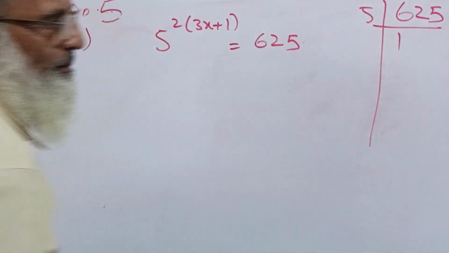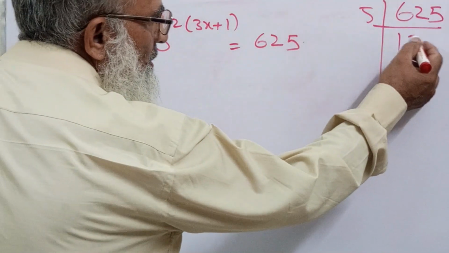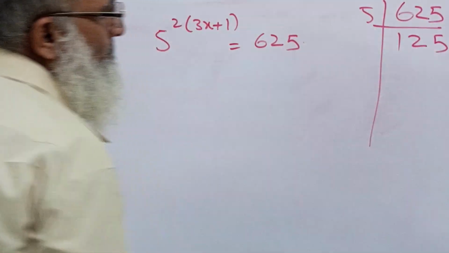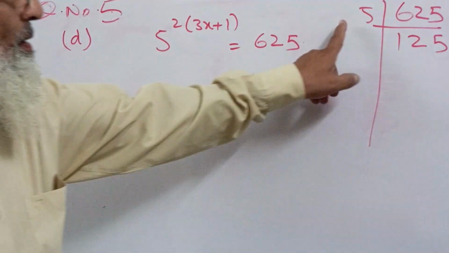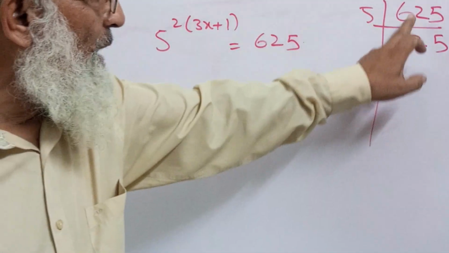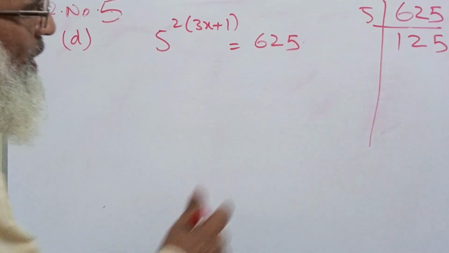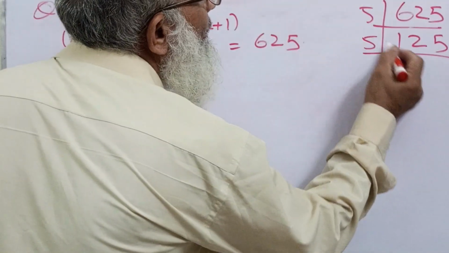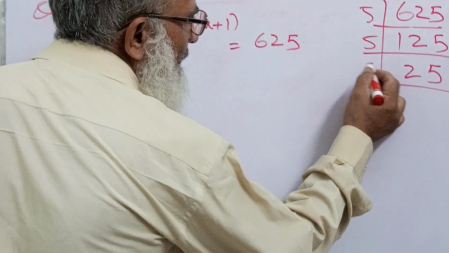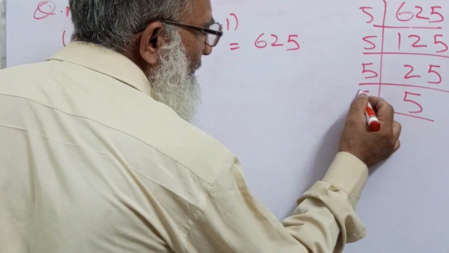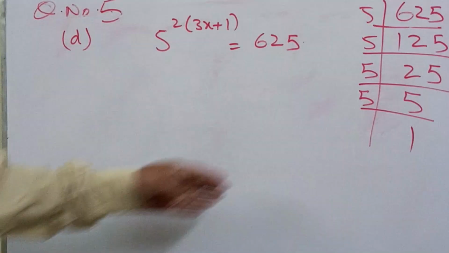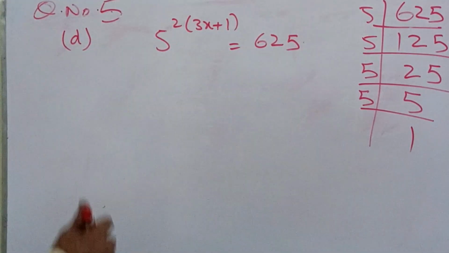5 times 5 is 25, 25 times 5 is 125, and 125 times 5 is 625. You see that four 5s have appeared.